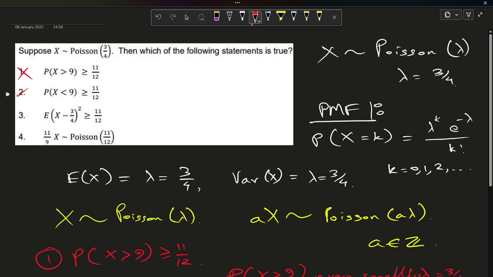We can easily say that option B is the correct answer of this question, but we again have to check why options 3 and 4 are false.